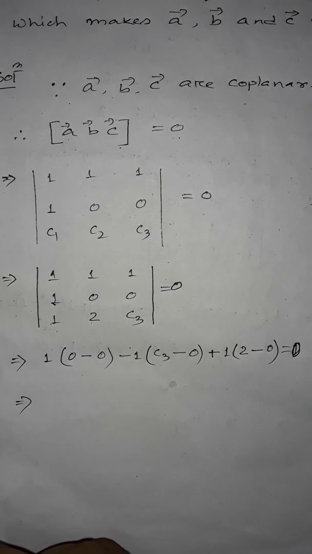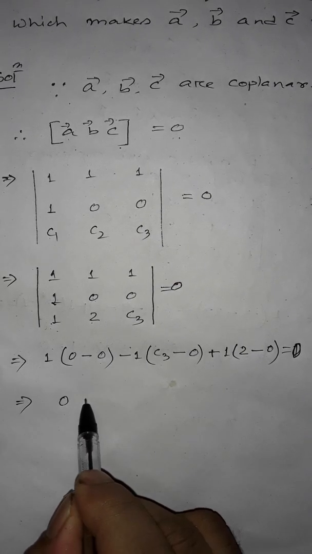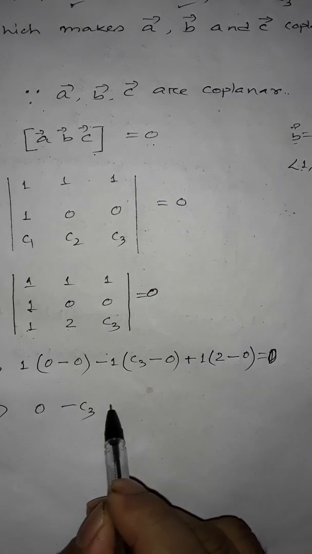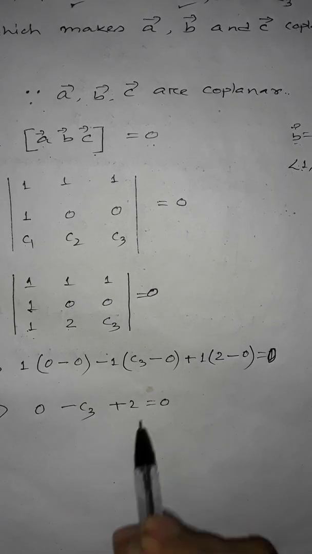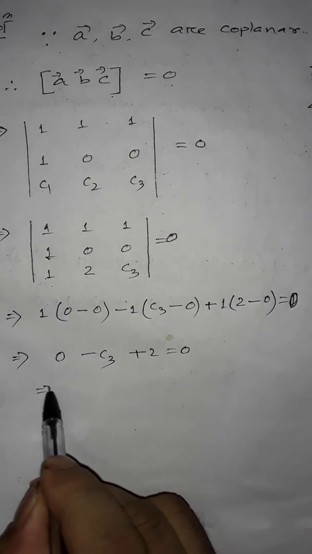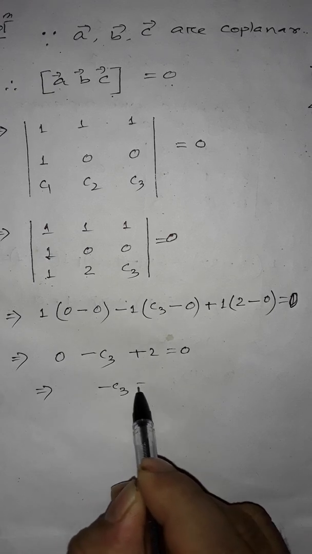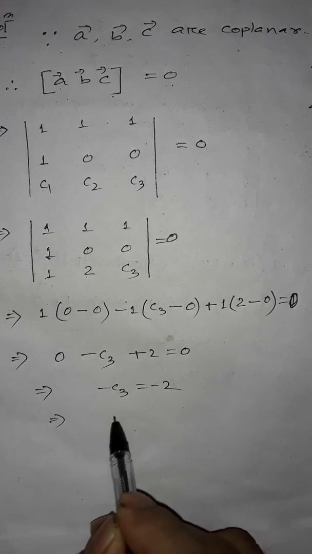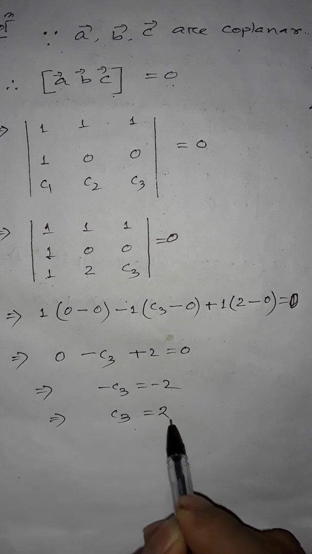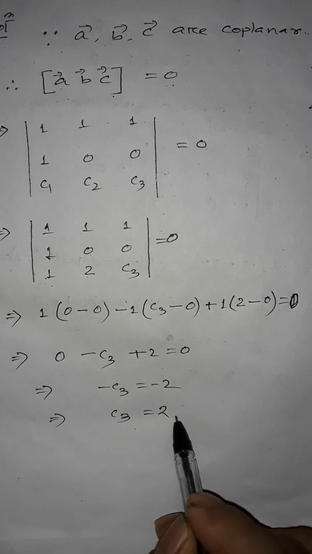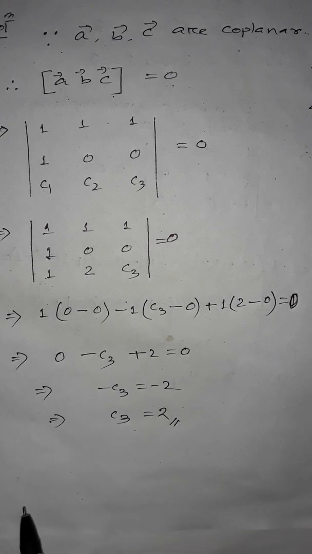So this implies 0 minus c3 plus 2 equal to 0. So minus c3 equal to minus 2, c3 equal to 2. So this is the value of c3.